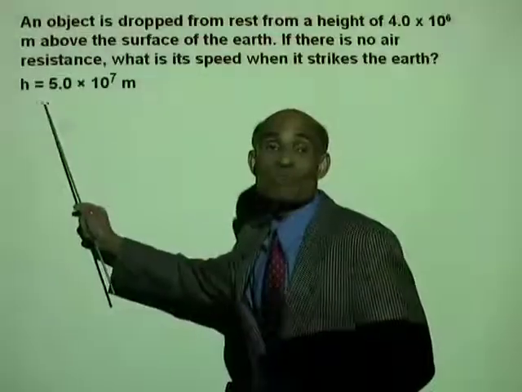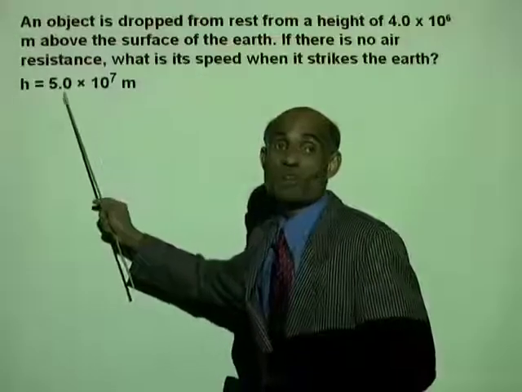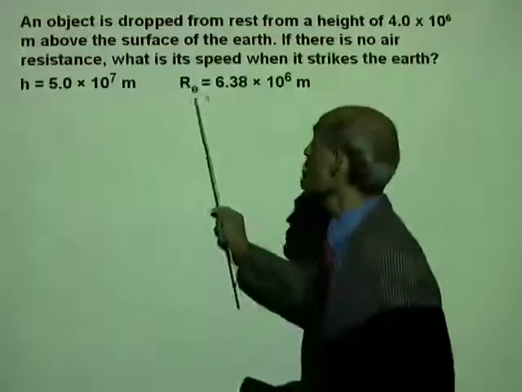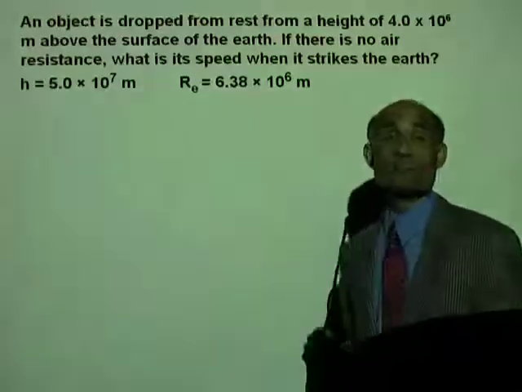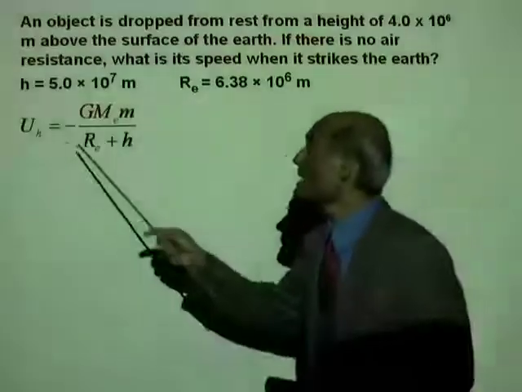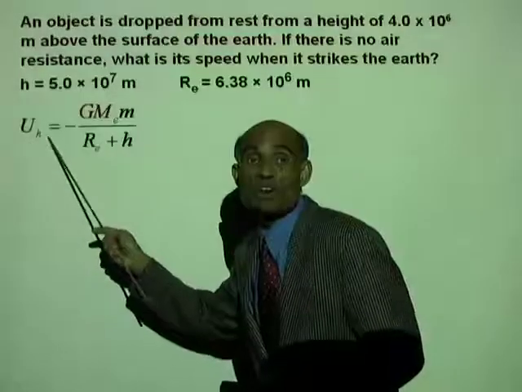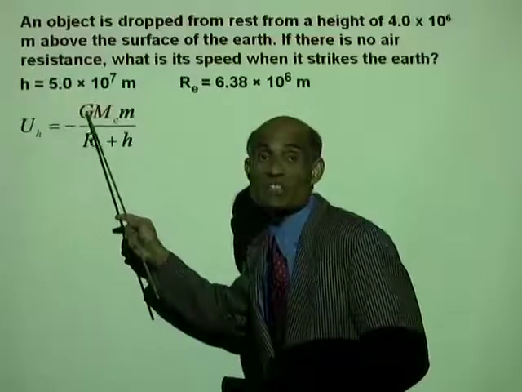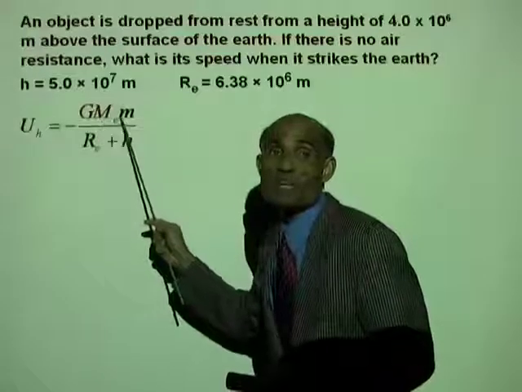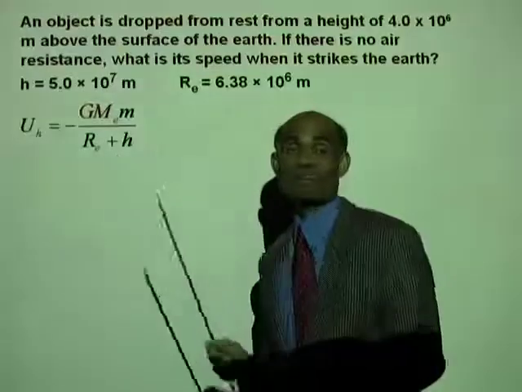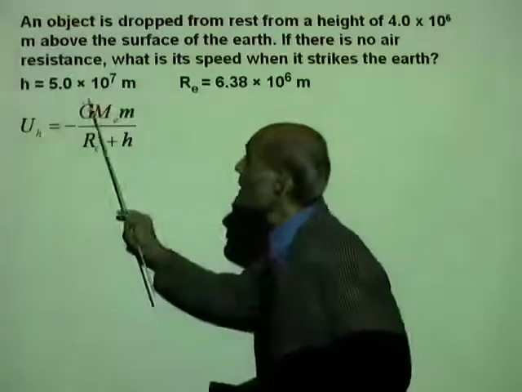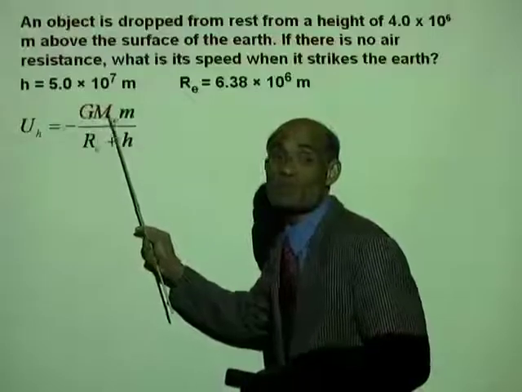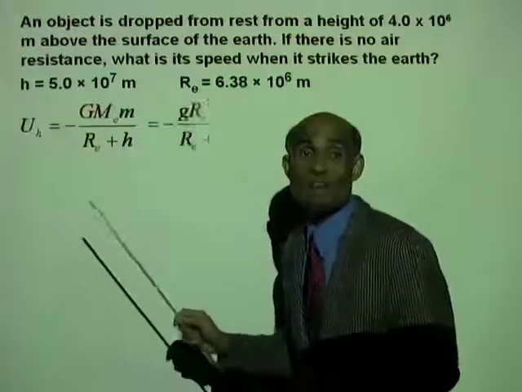The height from where the object is dropped is 5 times 10 to the 7 meter. The radius of the earth is the usual value, and the potential energy of the object at the height h is negative GMEM over RE plus h. And let's replace this GME. What is GME equal to? Small g RE squared.